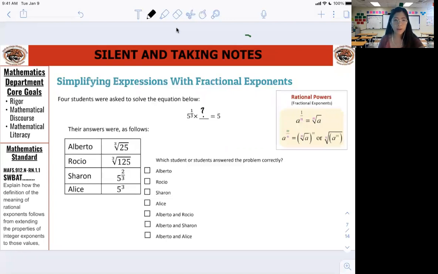Now what I'm going to do is rewrite a couple of these, because we know that you can write these numbers as an exponent or a radical. But you've got to make sure that things match. So in this problem, I already have an exponent. So which students should I rewrite so that everything matches? Because I already have an exponent, who do I have to rewrite?